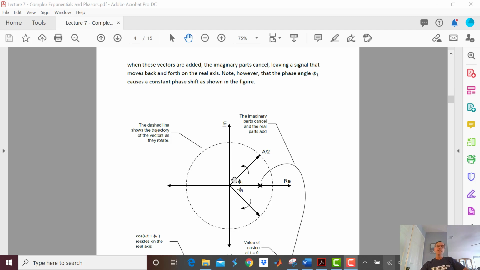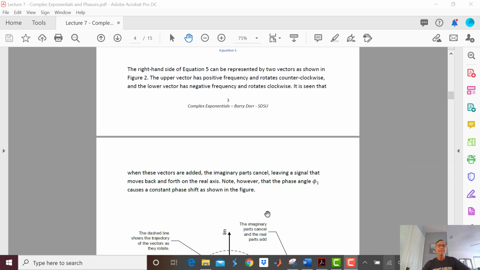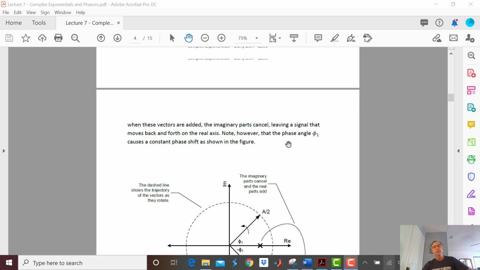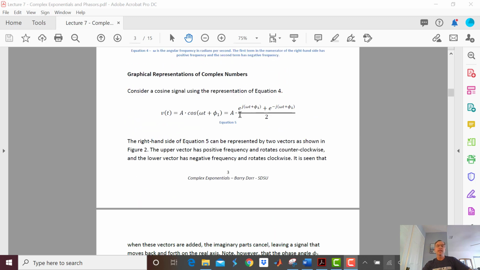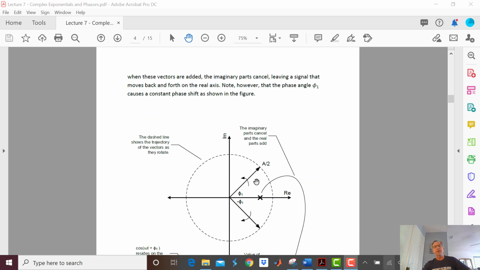So these two vectors are these two components. The first vector, moving counterclockwise, is e to the j omega t plus phi 1, and I'm sorry, it's e to the j omega t plus phi 1 divided by 2. And here's that vector.